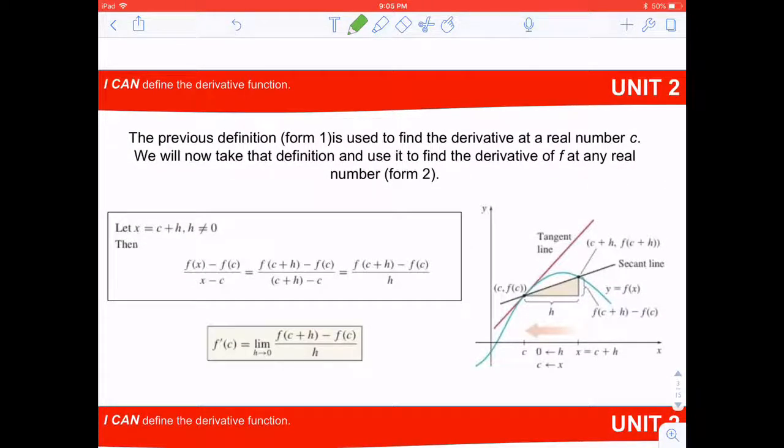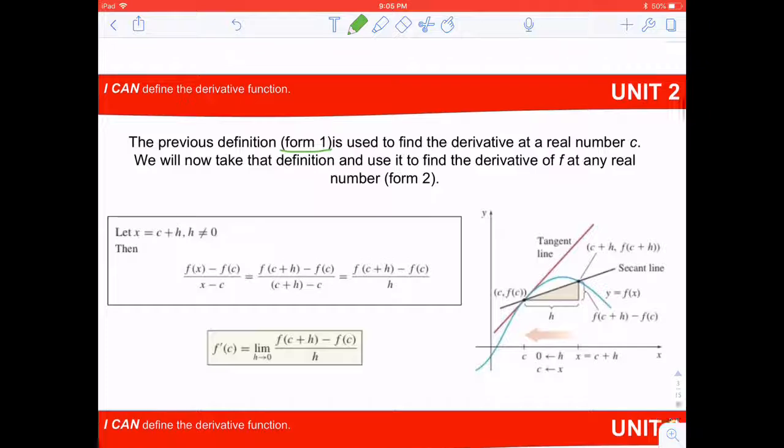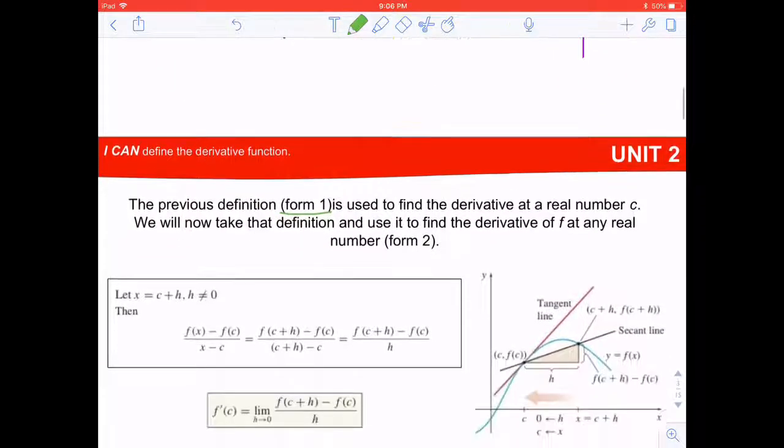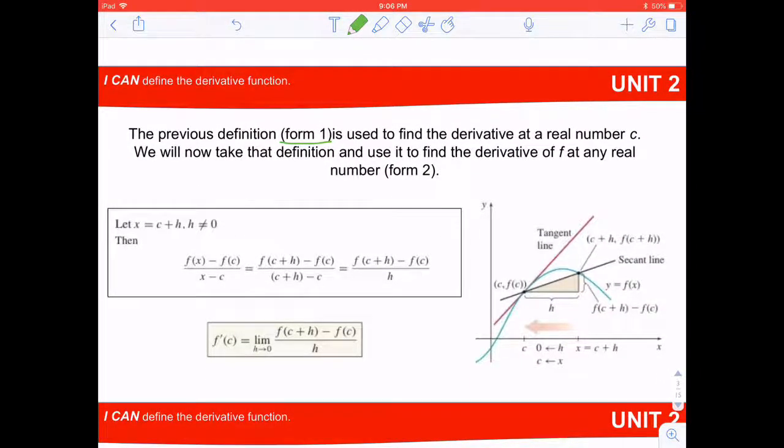So that was the definition, which we can call form 1, which is used to find the derivative at some number c, or some x value c right there. However, we also have another form, which you can see right here, that we can use to find the derivative at any point, not just some c, but for any real number of that function.